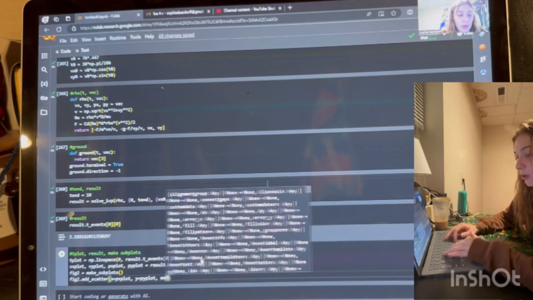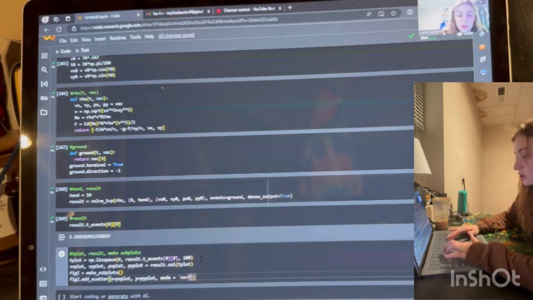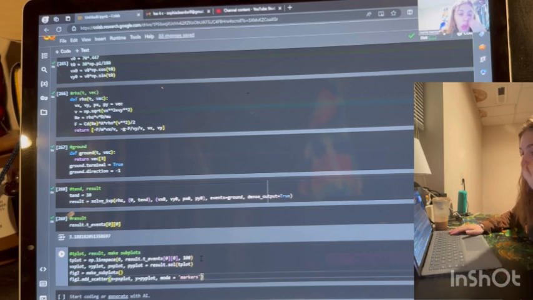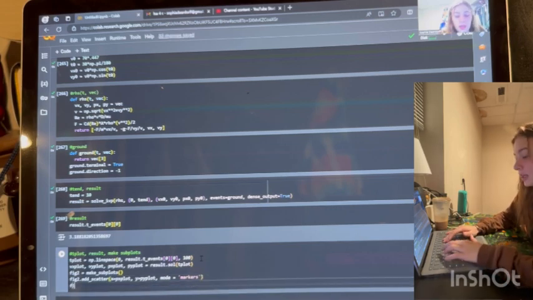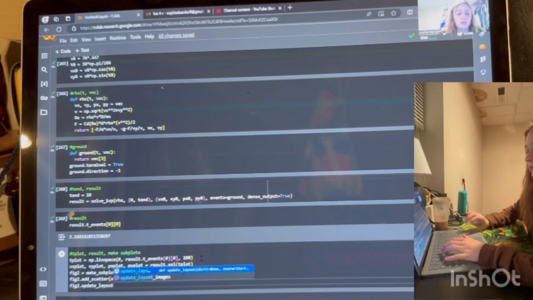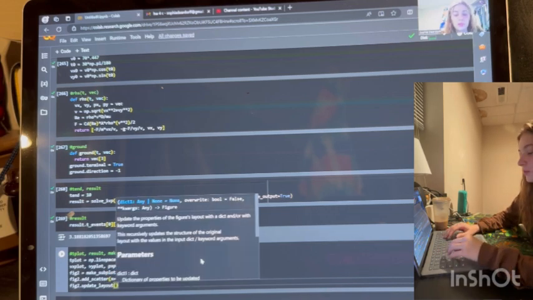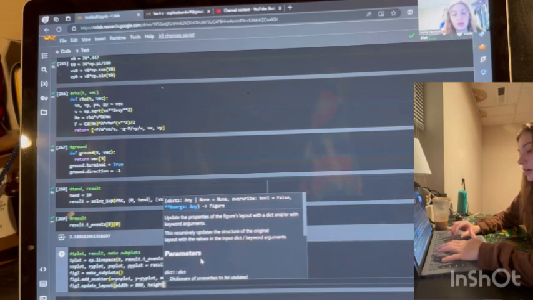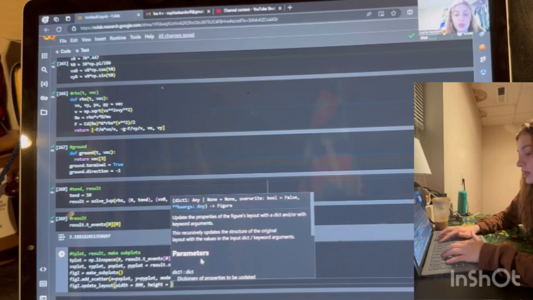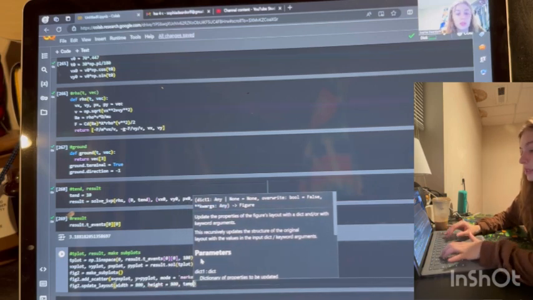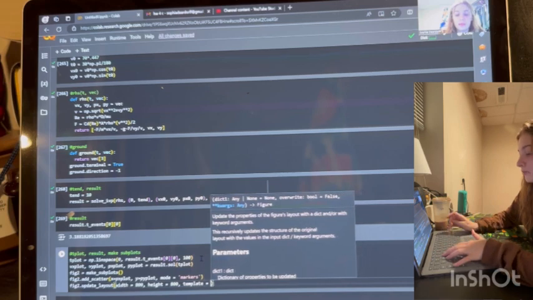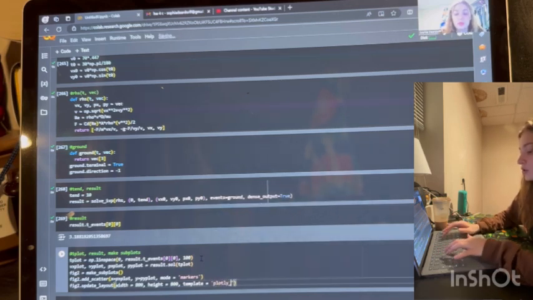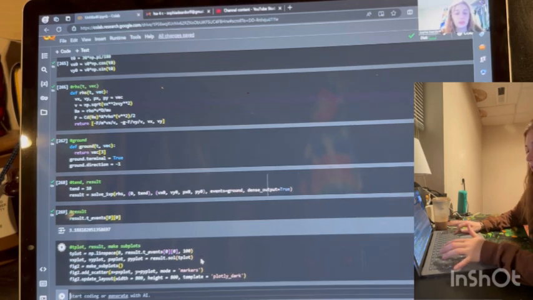And then our mode this time is going to be markers. And then we can update our layout like we normally do. Update layout. And that's going to be with our width being equal to 800, height equals 800, and our template is equal to plotly_dark. And let's see what we get here.